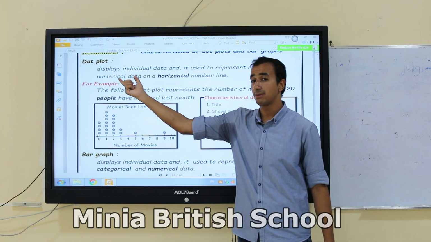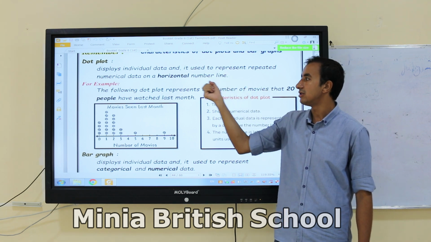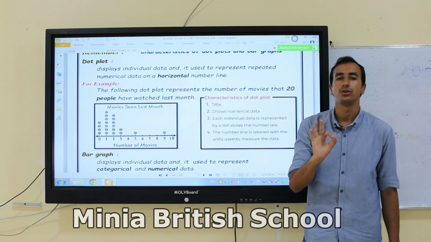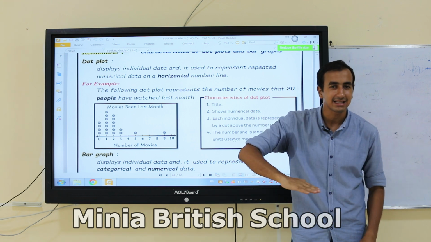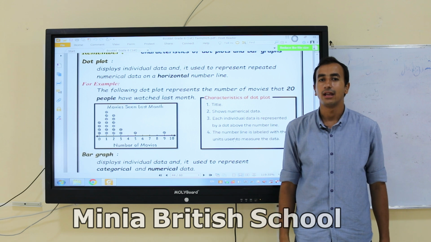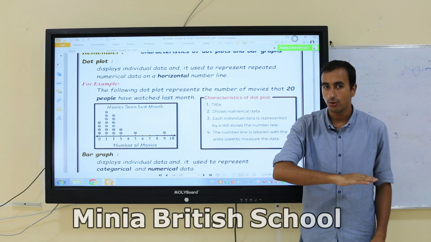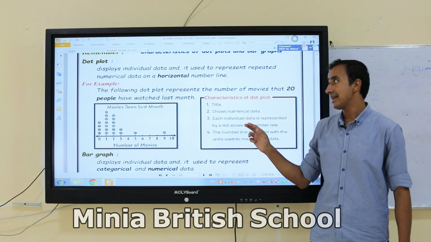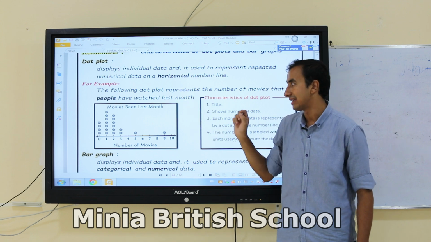This displays individual data, and it is used to represent repeated numerical data on a horizontal number line. So a dot plot has only one horizontal axis and no vertical axis. This data represents repeated numerical data.